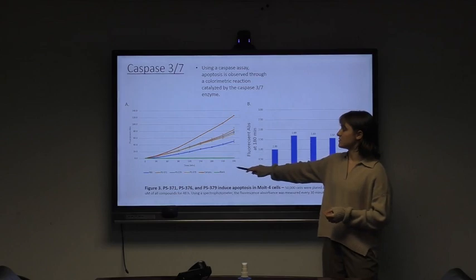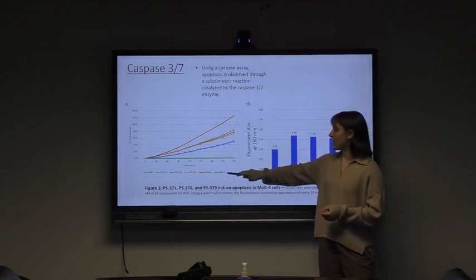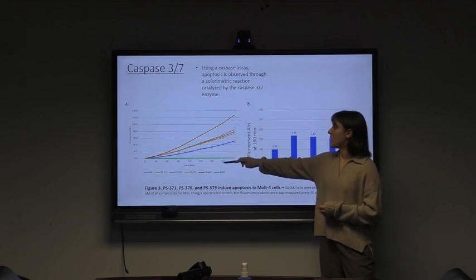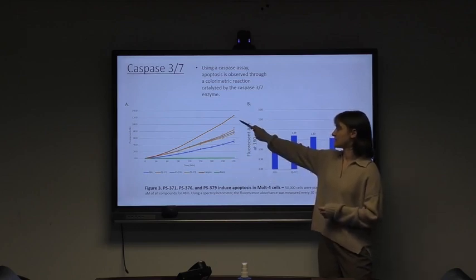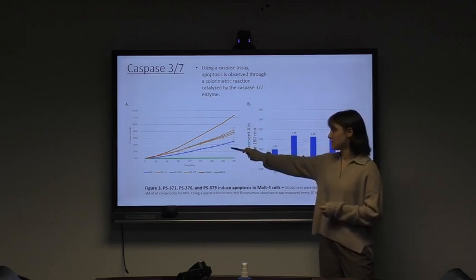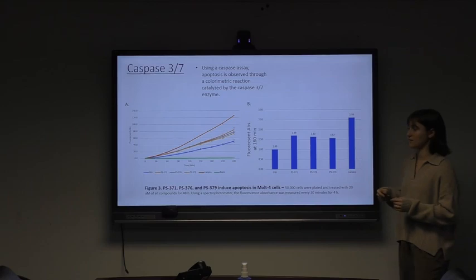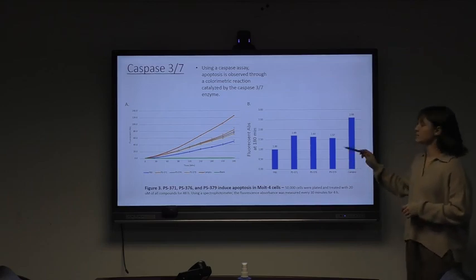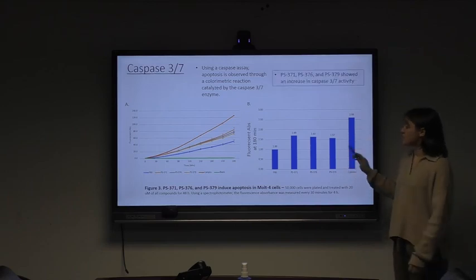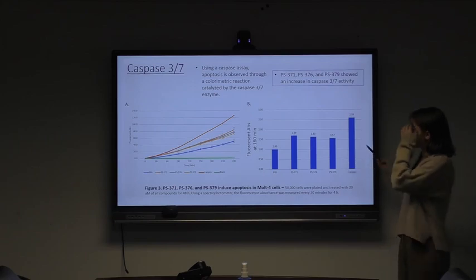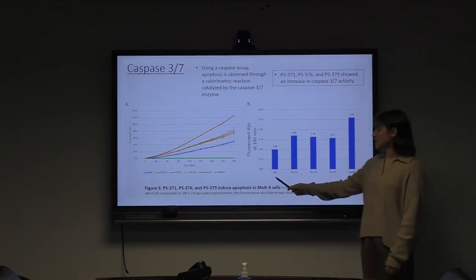We can see in graph A that camptothecin, which is also a chemotherapy drug, has high levels of caspase 3 and 7, while PBS, our negative control, shows low caspase 3 and 7 activity. Next.